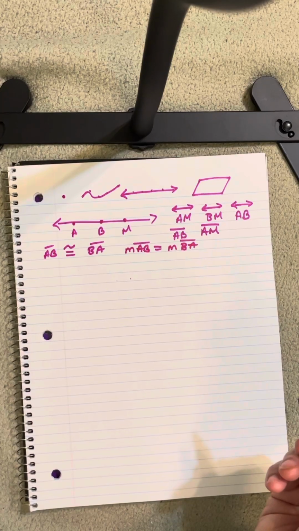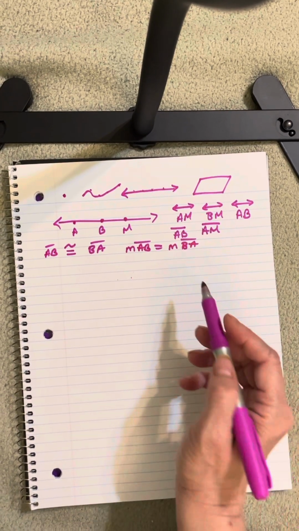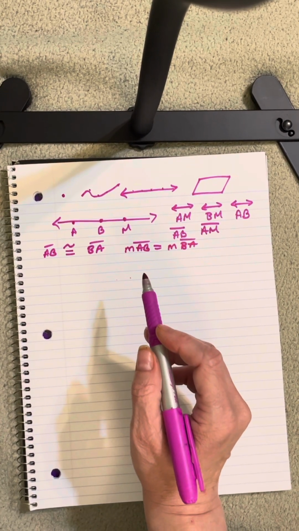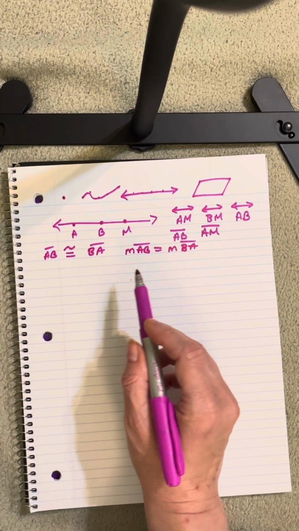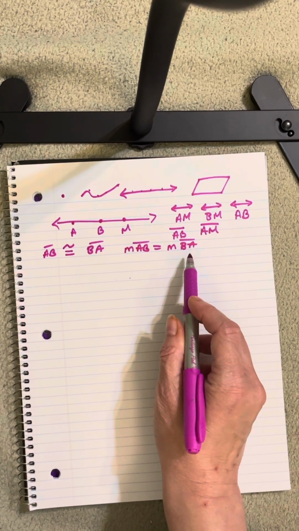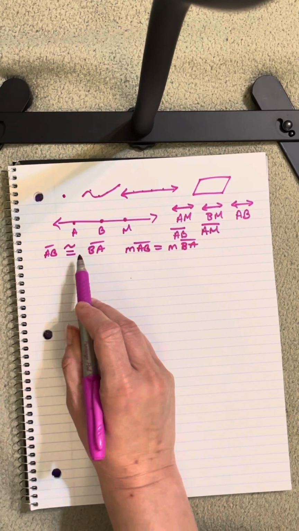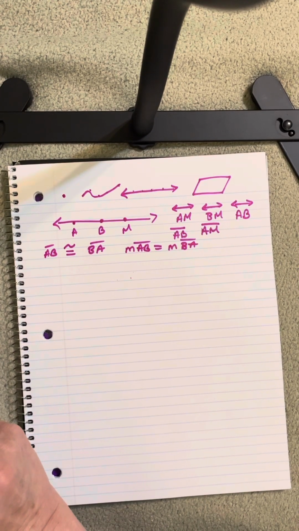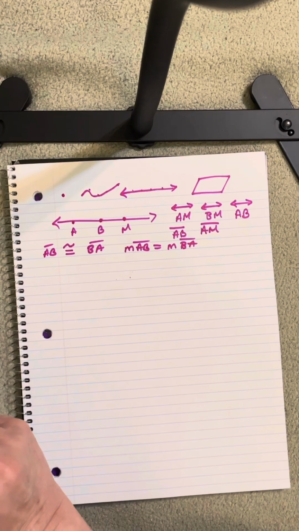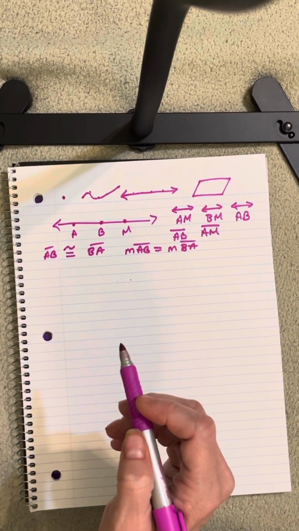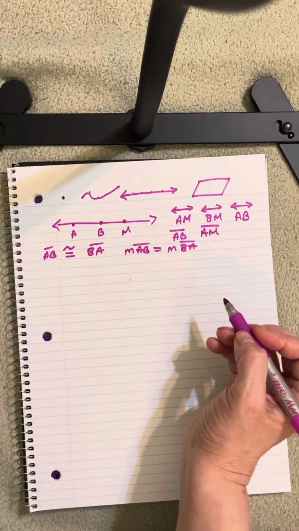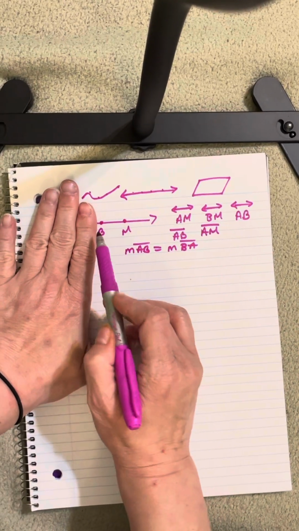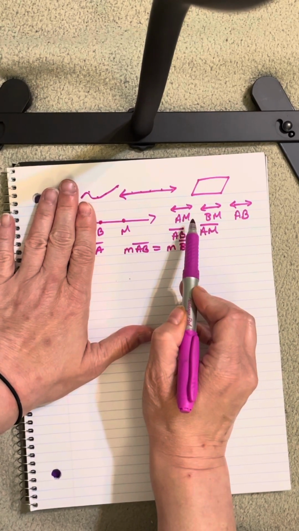So if I don't use the congruency symbol and I use the M, I'm standing for measure of. So however long this segment is, the same length as this segment. Or I can say that they are the same shape and size and use congruent. Okay, then at the middle of the page, they shift gears and they talk about rays. Now, a ray is showing that I have a starting place and I go forever in one direction.